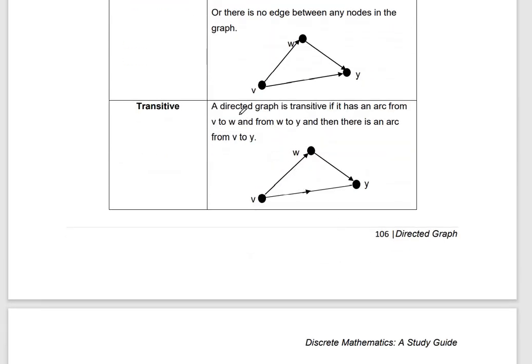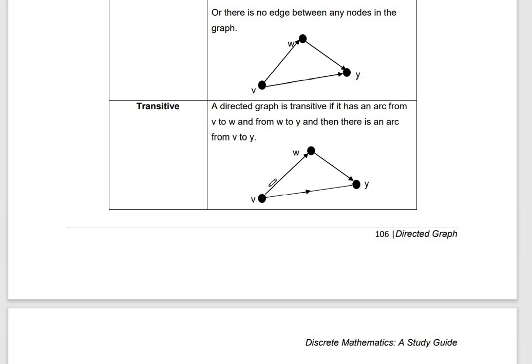Okay, transitive is the form of V to W, W to Y. So, there is an arc for V to Y. Sama lah kan, kalau kita ada relation VW, WY, so kita ambil yang depan untuk the first one, yang belakang untuk the second one. So, dia kena form an arc for V to Y. Okay.